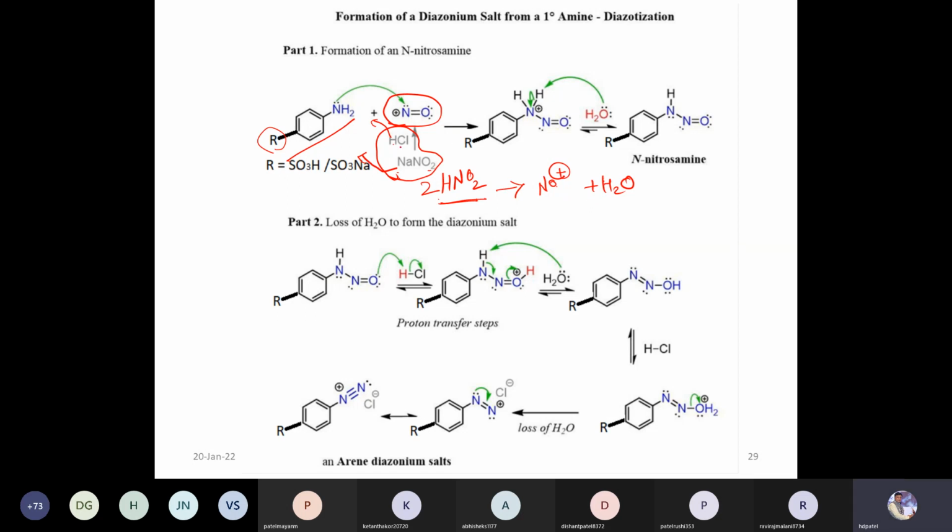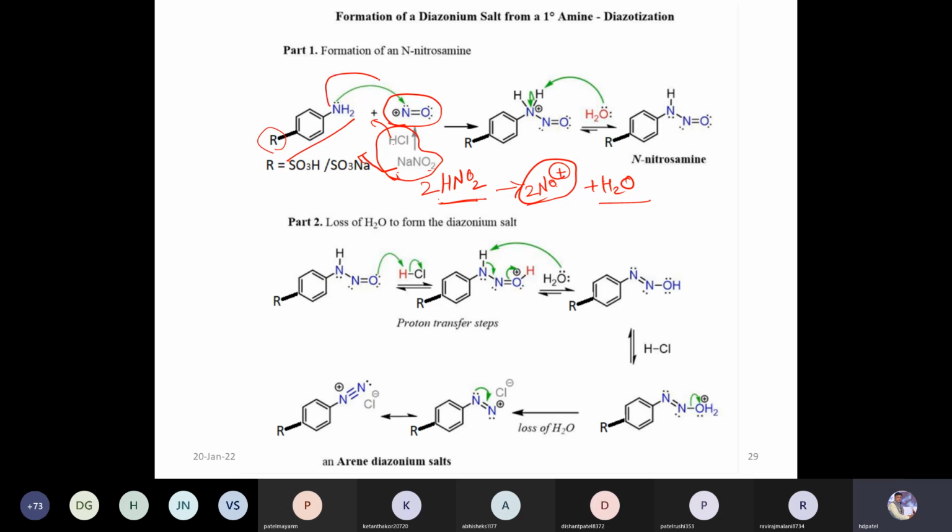But as per the reaction between NaNO2 and HCl, first of all 2 moles of nitrous acid react with each other and convert into 2 moles of NO2 plus, and water will be formed. This NO2 plus has a deficiency of electrons, with nitrogen having positive charge, and this nitrogen has a lone pair of electrons.